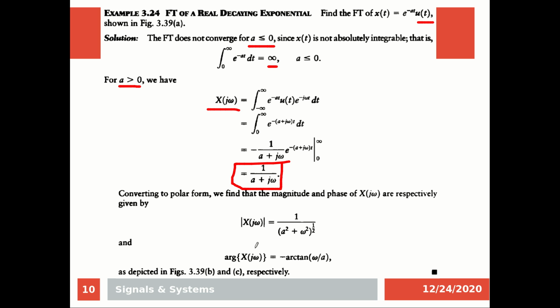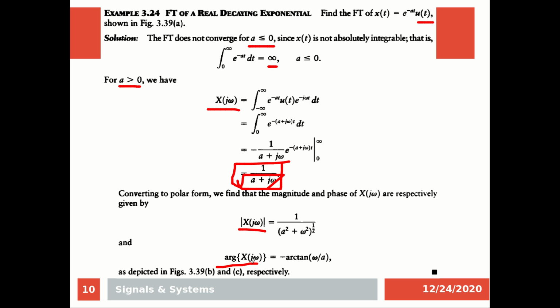So you can easily find the magnitude and the phase. The magnitude is the square of this. You see here, this is j, so it is a complex number. What is the magnitude of a complex number? It is the summation of the real part squared and the imaginary part squared, under the square root.